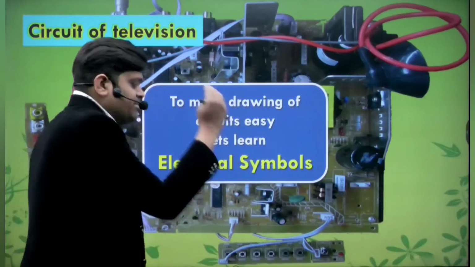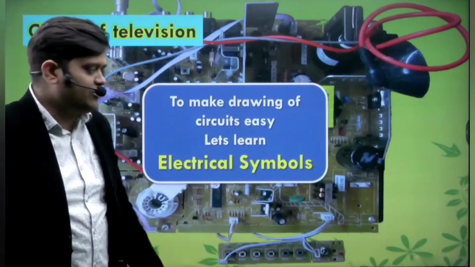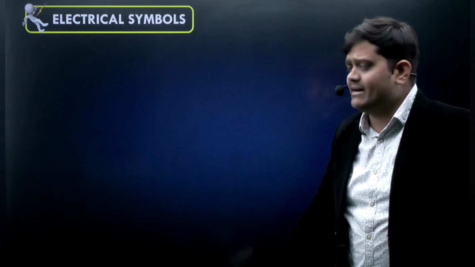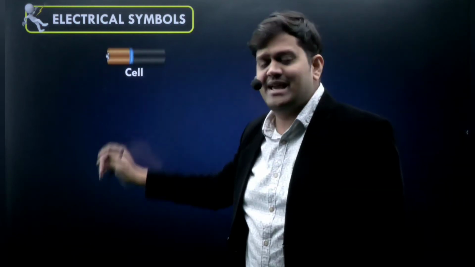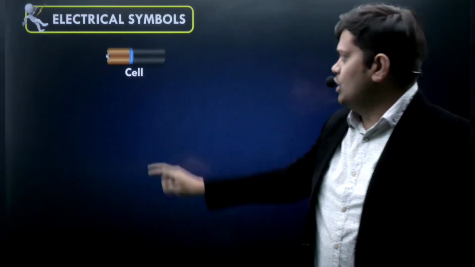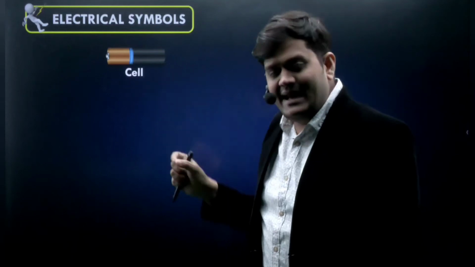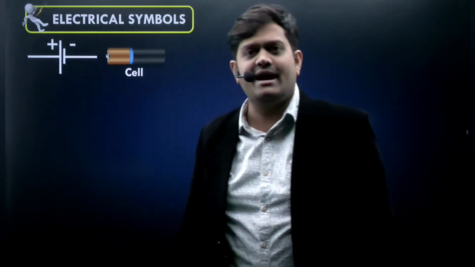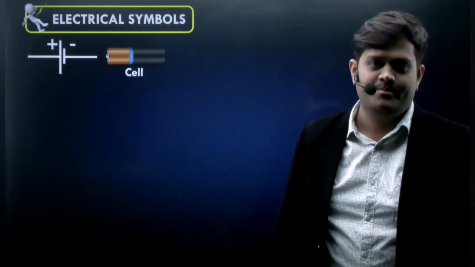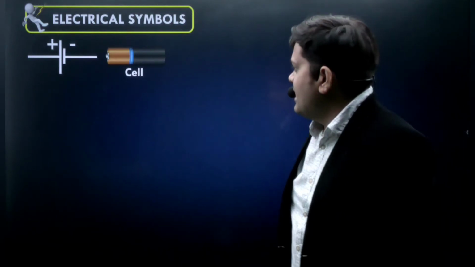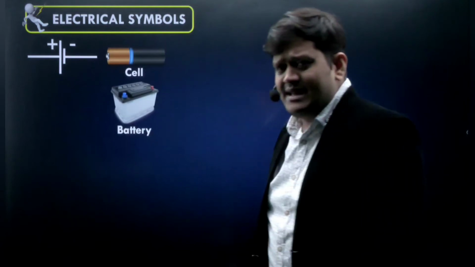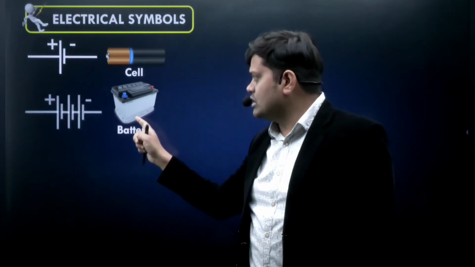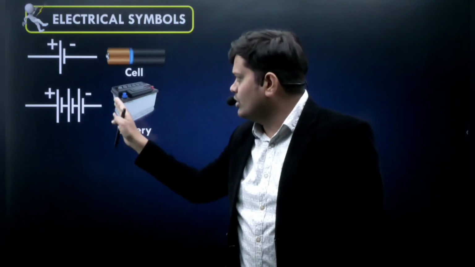So now the next one is to make the drawing of electric circuit easy. Let's learn electrical symbols. So we have to know the electrical symbols. First of all, the first symbol is of cell. This is the electrical symbol of cell. And if I say battery, it is also an electrical symbol.